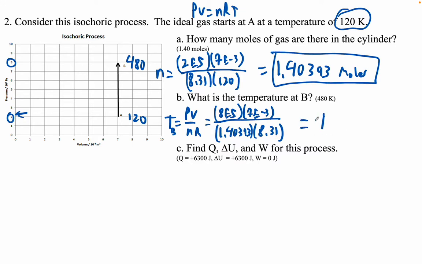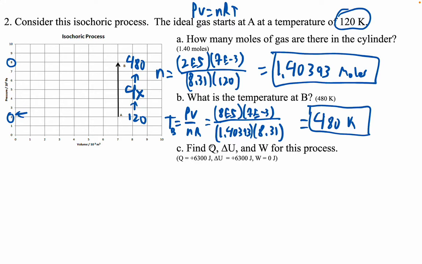So that's 480 kelvins. Again, life is short and so is your time on an IB test. So if you can just make an argument like this, right, it's 4 times, that'll save you time, right?